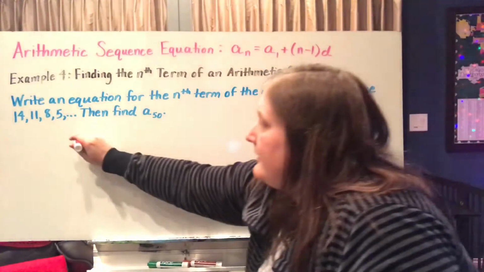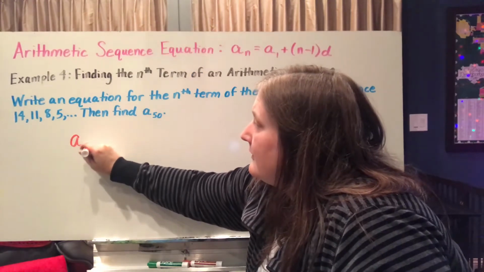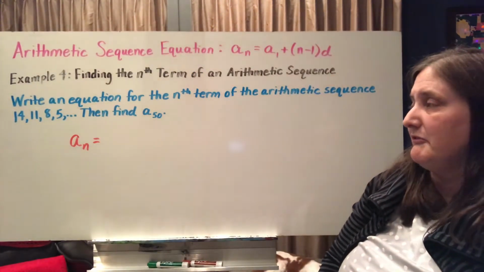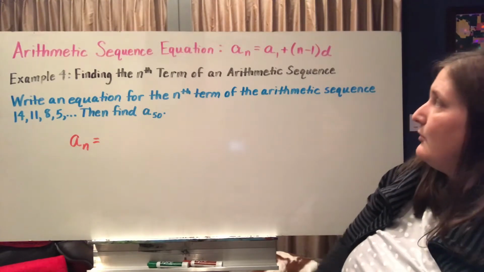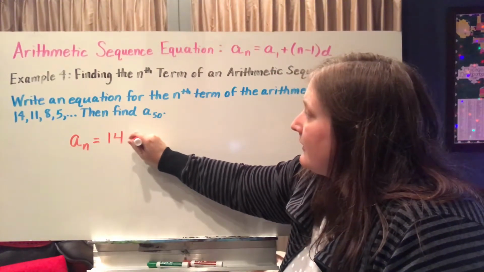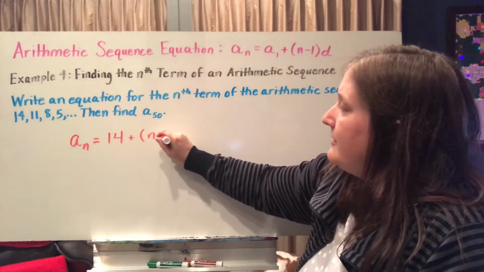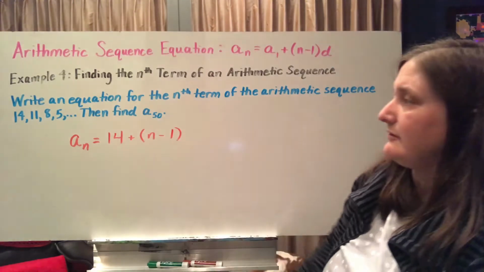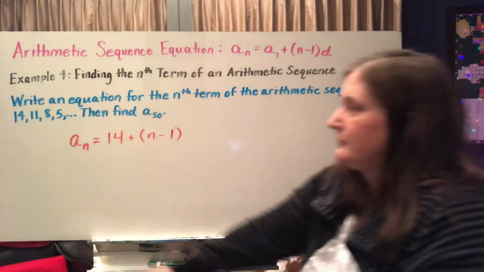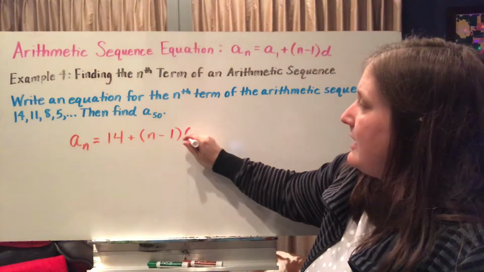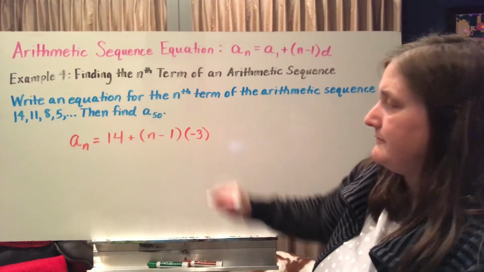So a subscript n stands for a term of any number in the sequence. We start with 14. And we're going to figure out that number in the sequence we want, minus 1, that's going to be multiplied by our common difference. Well, every time here, we're going down by 3, so our common difference is -3.